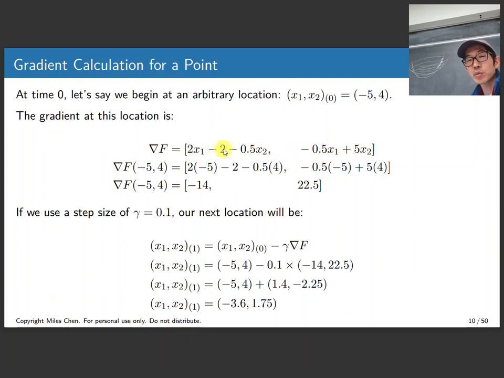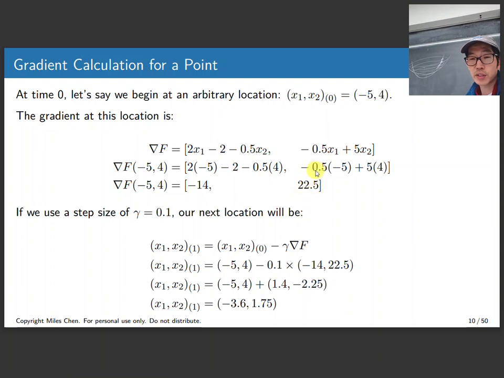So I got 2x1 minus 2 minus 0.5x2. I plug in -5 and 4 for x1 and x2. So what is this? 2 times -5 is -10. Minus 2 minus 0.5 times 4, so minus another 2. That gives me -14. Over here for the partial derivative with respect to x2, I have 0.5x1 plus 5x2.